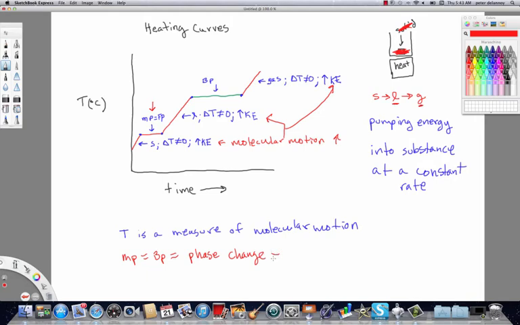In a phase change, it's important for the student to realize that you have the coexistence of two or more phases at the same time.